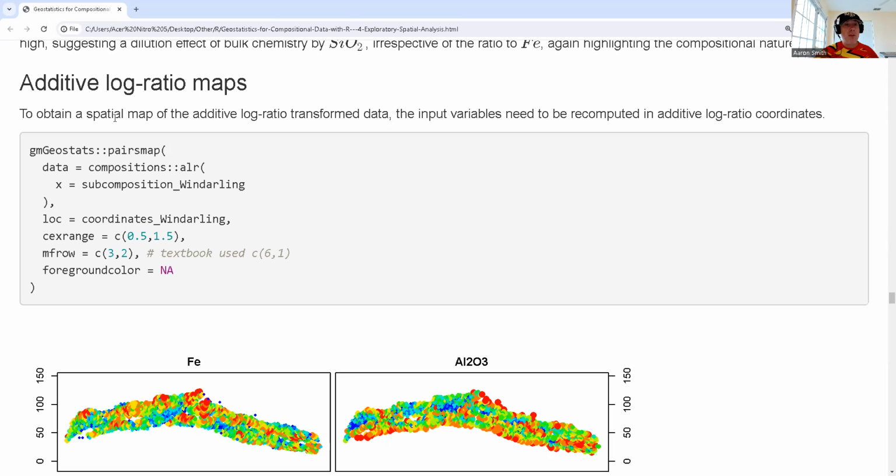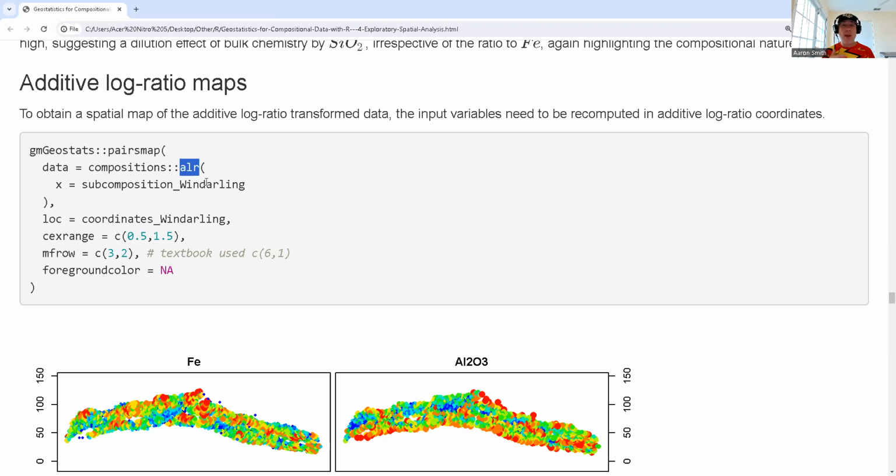All right, so to obtain a spatial map of additive log ratio transformed data, the input variables need to be recomputed in additive log ratio coordinates. And so I'm just going to go through and do the additive log ratio transformation on my composition data. For every composition variable, I'm going to take the ratio of the variable with a reference level.